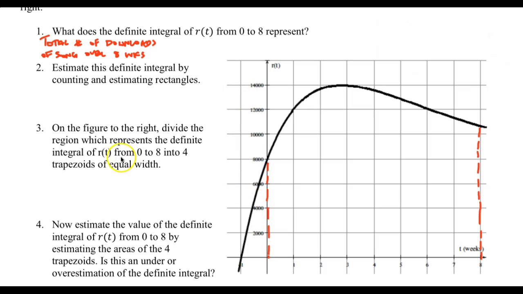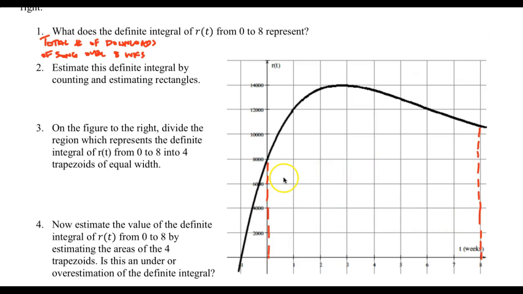And so the area in this case is going to tell me the total number of downloads over that span. Now, if I wanted to do this the old way, I could count the number of rectangles under this curve, and I could find a pretty good estimate for the number of downloads. So let's see how I do that. Okay, ready? 1, 2, 3, 4, 5, 6, 7, 8, 9, 10, and so on. All right, keep going.